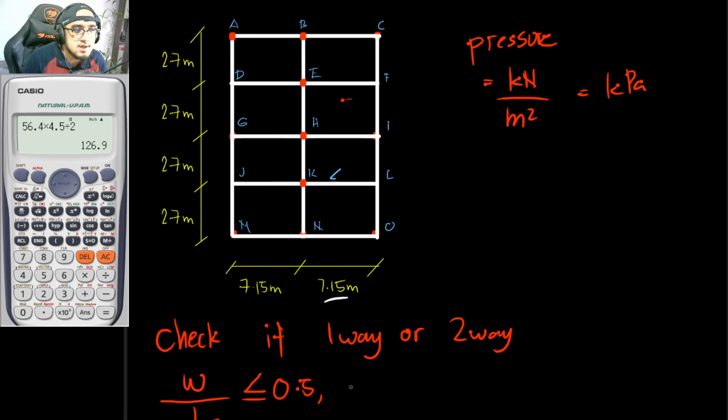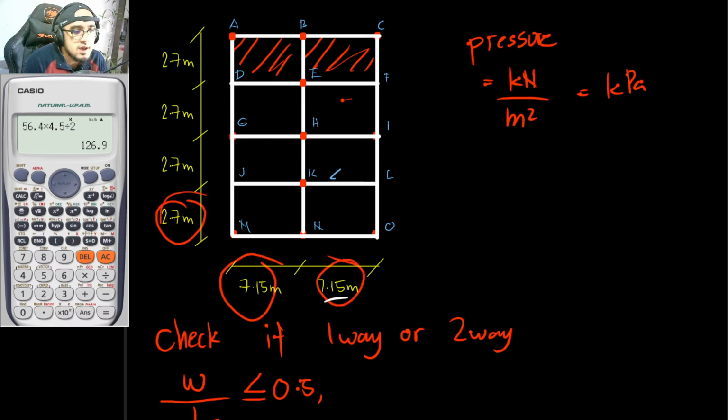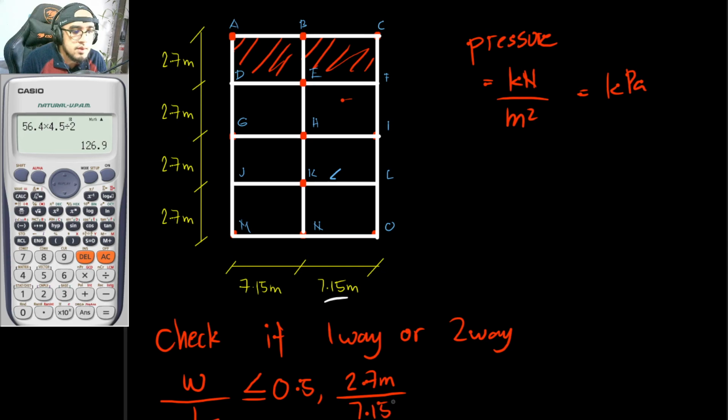Ito kasi guys, ito yung isang area, ito yung isang area, and so forth. Since all of them have the same dimensions, one solution would suffice. So this is 2.7 meters divided by 7.15 meters.